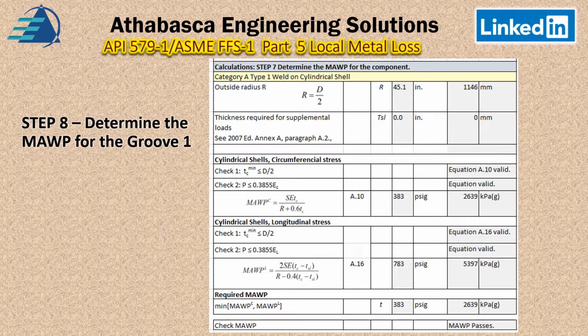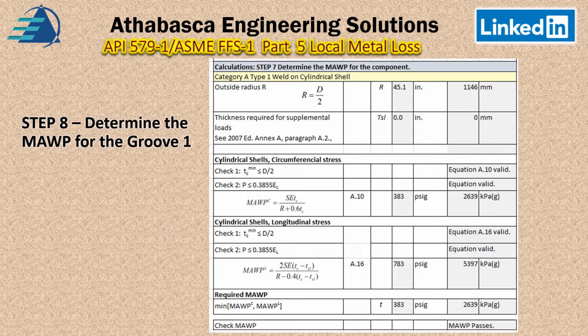The 579 has a section for that to follow, so we just follow that rigidly, and then you don't have to worry about making some kind of conversion error. As long as these criteria pass, then you can use this equation. In our case, we're okay.